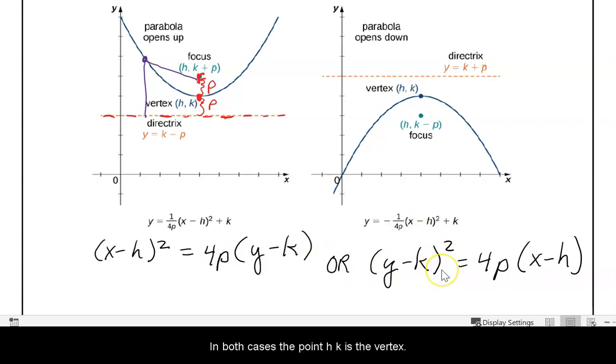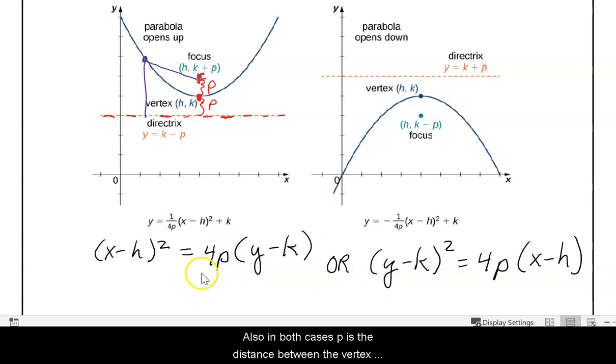In both cases, the point (h, k) is the vertex. Also, in both cases, P is the distance between the vertex and the focal point and the vertex and the directrix. The sign of P tells you whether it opens up or down, left or right.